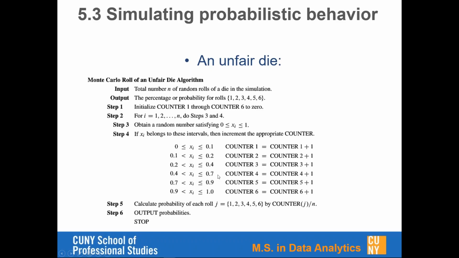In that case, depending on the random variable that you actually get, you increase counter 1, or counter 3, or counter 5. And then you can calculate the probability of each row, being 1 to 6, as the corresponding counter of 1 to 6 divided by n. You can get your probability of each row.